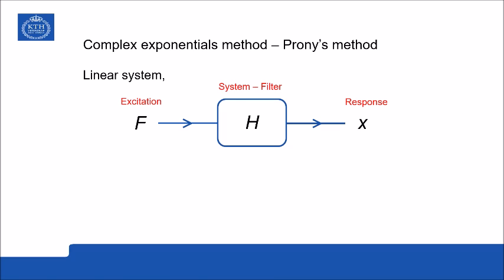So we know now from an earlier presentation that we can view our linear mechanical system as a filter, that when an excitation sequence is applied, the filter responds with an output sequence X. So in the Z transform domain, we can obtain the Z transform of the response as the product of the transfer function of the system with the input sequence, the excitation sequence Z transform.